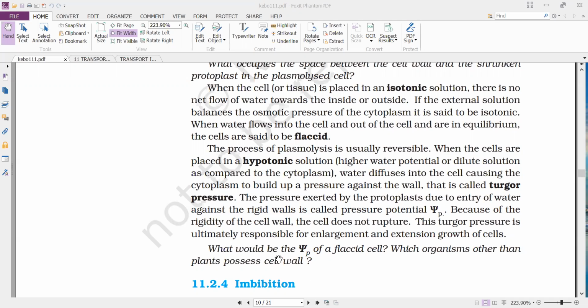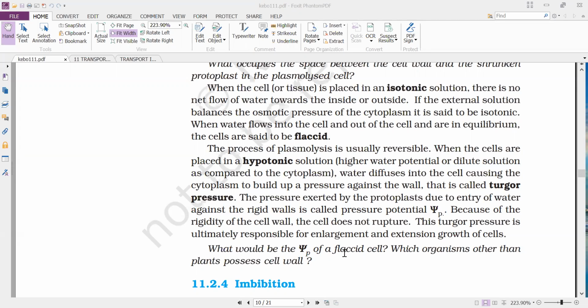So what would be the pressure potential of a flaccid cell? In a flaccid cell, there is no pressure potential, no turgor pressure, because the cytoplasm of the cell and the external solution are in the same concentration. So we don't find any development of turgor pressure in a flaccid cell.